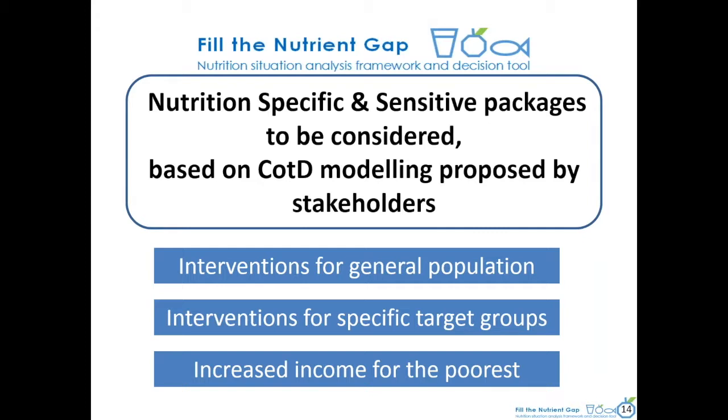That could include cash transfers, but could also include increased income related to increased investment in agriculture that then increases the incomes of, for example, smallholder farmers.